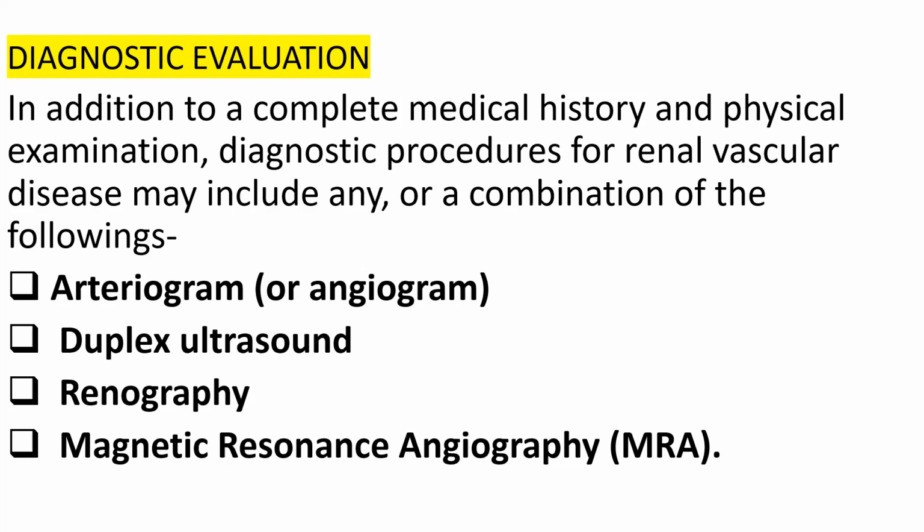This test is mainly used to help in seeing the blood vessels. With that test you can see the blood vessels, and any problem or abnormalities, they see with the help of this. Are you clear? Yes, ma'am.